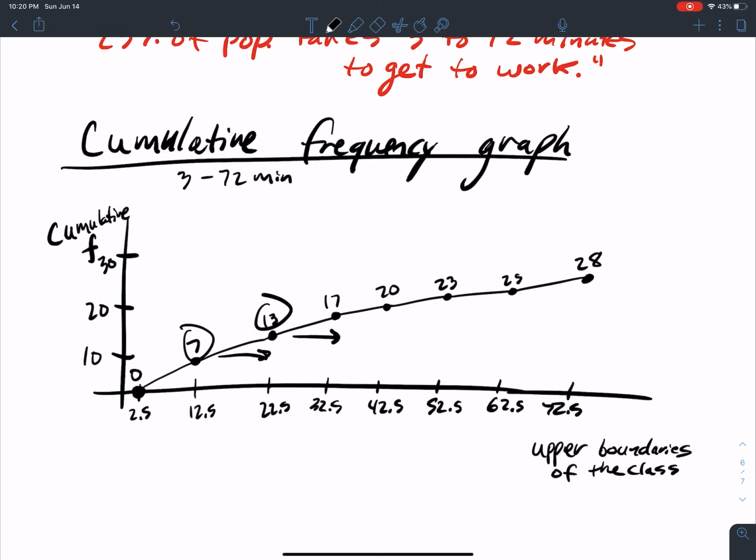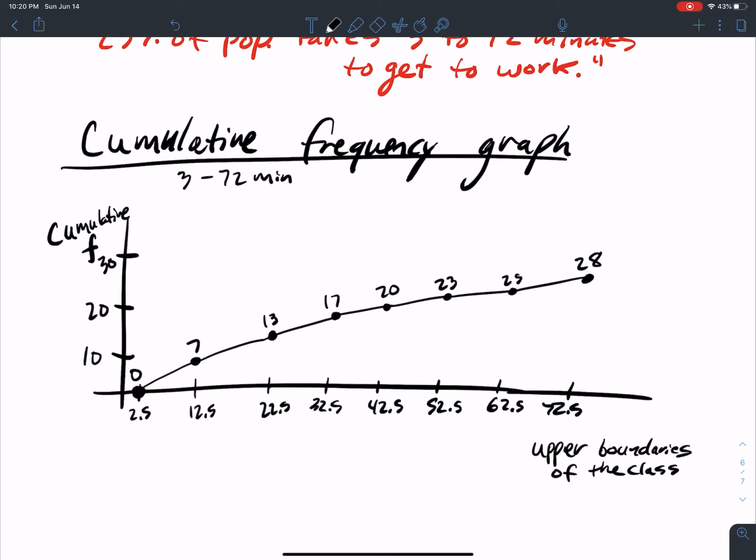Every one of these are greater. But if you had a class that had nothing in it, then that next one would be like 20, right? It'd go from 20 to 20. There'd be no growth. But all of our classes have elements in them, so that's why each one is increasing.